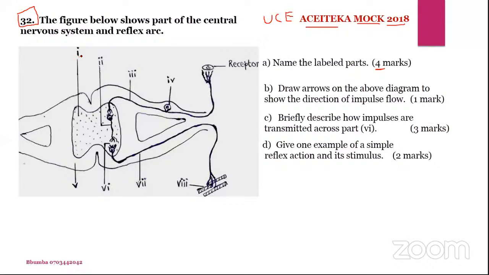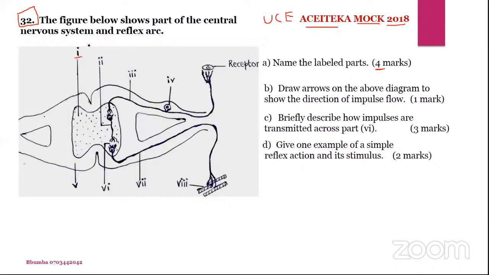So can I have someone to tell us what part one is called? For some of you who can't speak, you can always type your answers in the chat box. I'll be able to see them. Annette Leah? Master, it's the gray matter. Thank you.